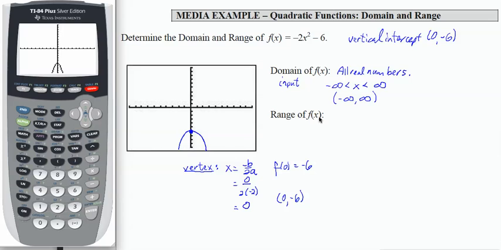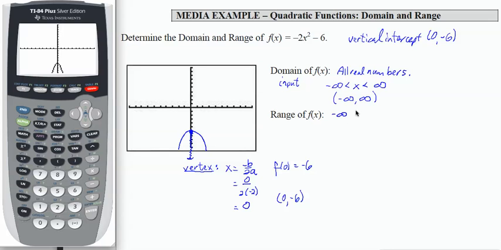Now, to find the range is a little bit trickier. Because my graph opens down, all of my outputs are either going to be negative 6 or below. So anything less than or including negative 6 is going to be part of my range. So I could write it this way.